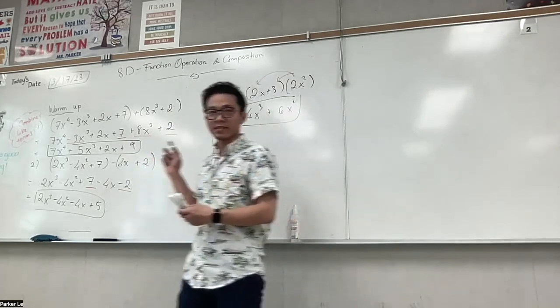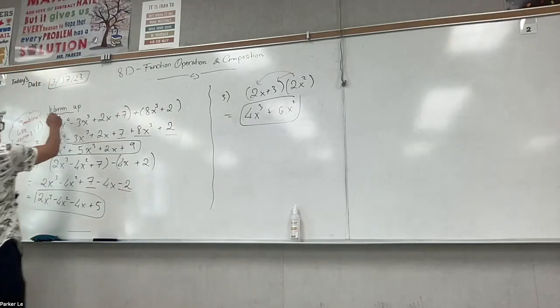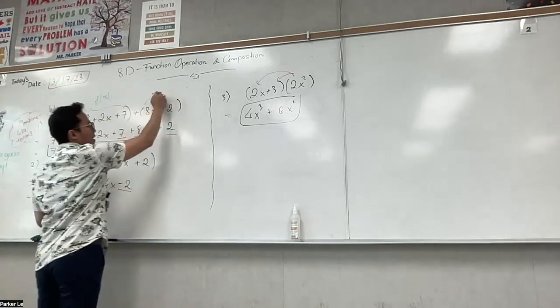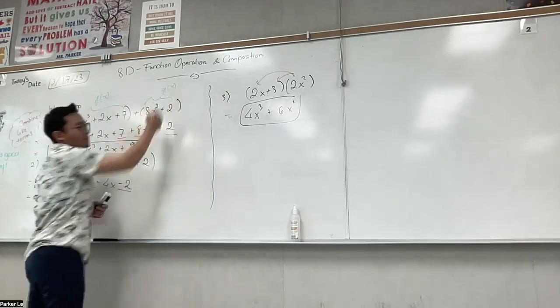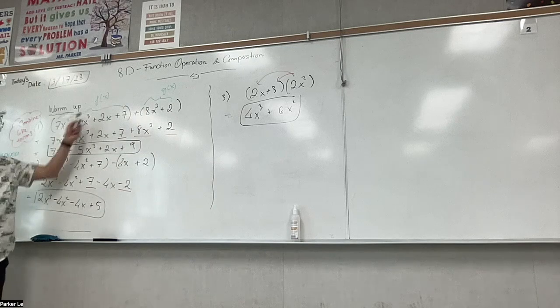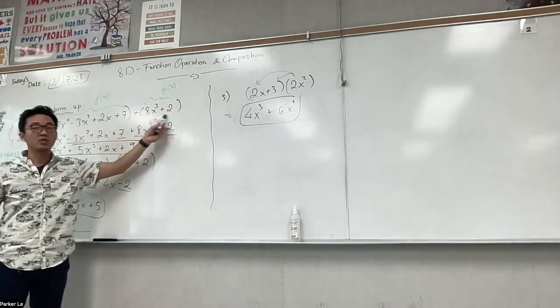Last time we were doing this, but we didn't have the name. Today I give you something, I will call this f of x. I call this t of x. Yeah, I just give a name. Today I just give a name. I give f of x equal to this, and then t of x is equal to this.